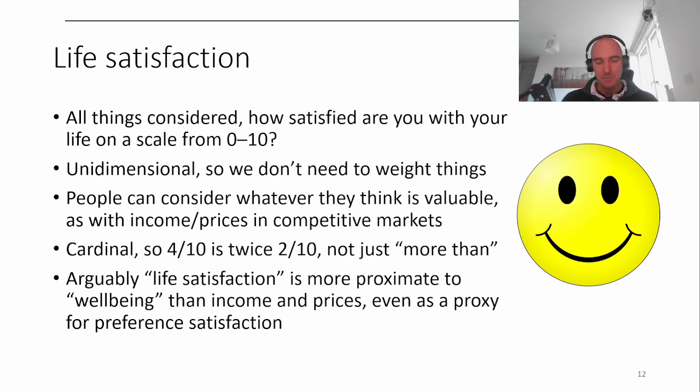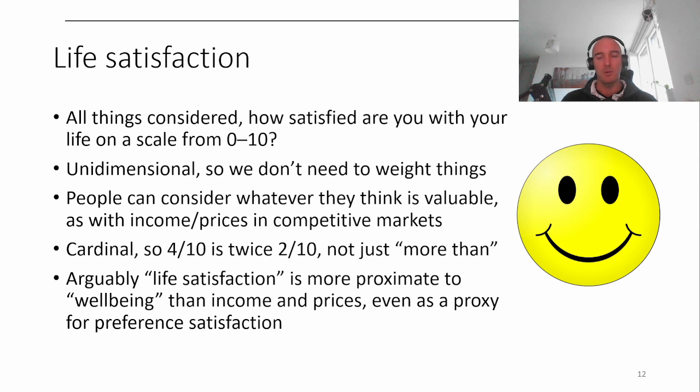All right. The second appeal of life satisfaction is that it's cardinal. What we mean by that is that 4 out of 10 is twice as much as 2 out of 10, the same way that $20 is twice as much as $10. So we're not just working with ordinal stuff here. It's not just that $20 is more than $10, it's that it's twice as much. So when we're thinking about distribution, who has how much in society and who deserves how much, it's very useful to have these kinds of cardinal measures.